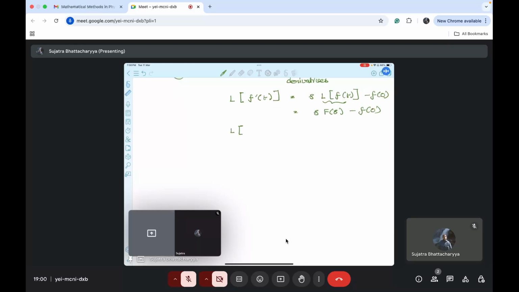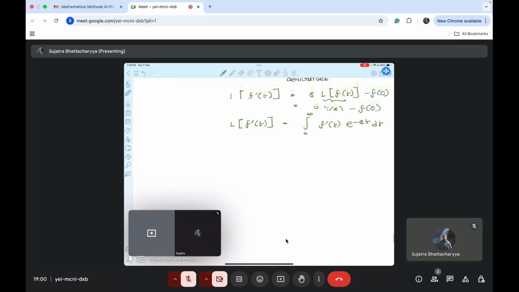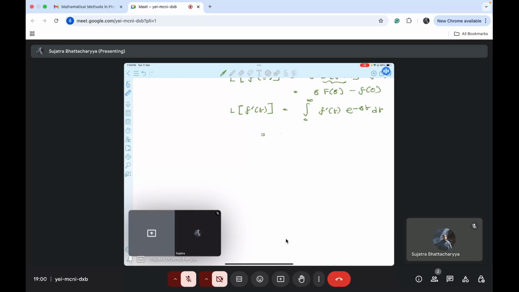Simple. L of f dash t, first order derivative. So it will be integral 0 to infinity. What will it be? f dash t e to the power minus st dt, right? Just solve it by parts. You get e to the power minus st. f dash t's integral will be f of t from 0 to infinity, all right?